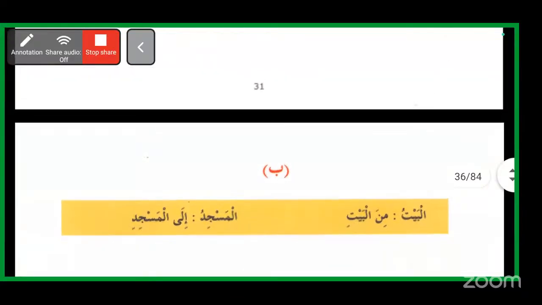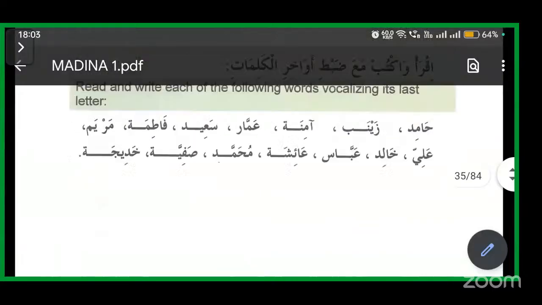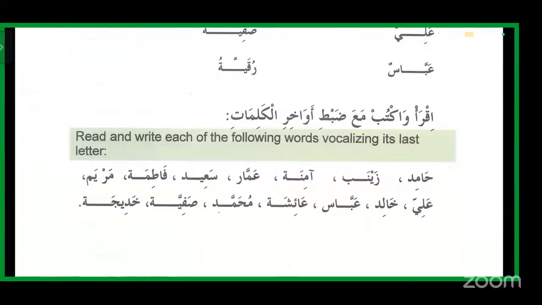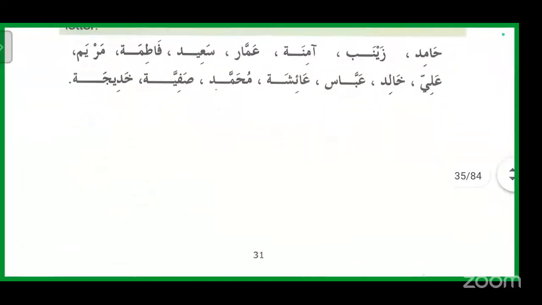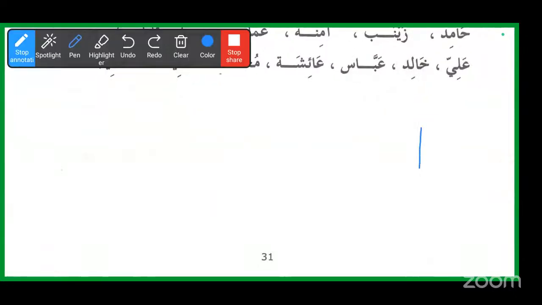Sallallahu ala Muhammad. I just had one question. When we say Muhammad, it's always Muhammadun Rasulullah, yes? It's not Muhammadan Rasulullah. It can be Muhammadan Rasulullah if it has the word anna before it.